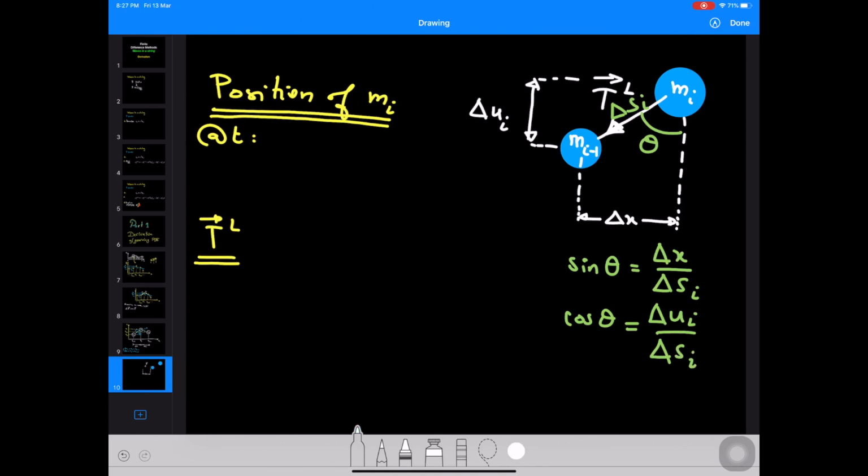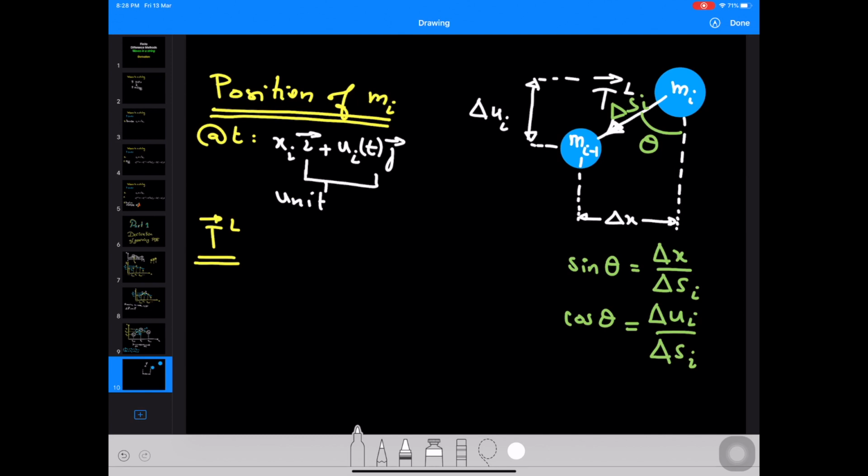And the position of the mass mi at time t will be xi times i plus ui at time t times j. So i and j, these are what? The unit vectors, okay?